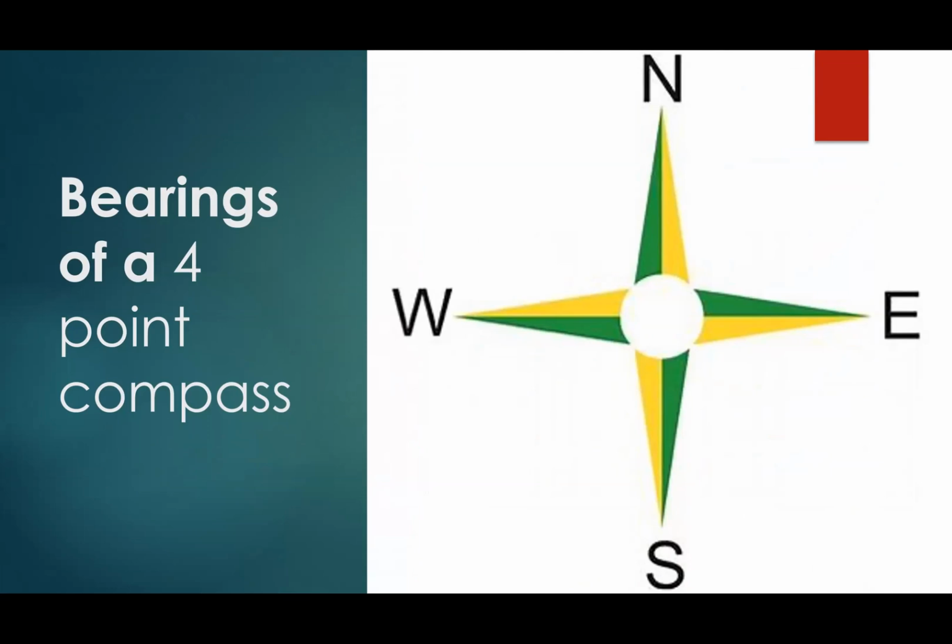You are now looking at a 4-point compass. And if you remember from our last lesson, another name for the 4-point compass is the cardinal point compass. And we came up with an acronym to help us remember the order of the directions going in a clockwise direction of a 4-point compass.